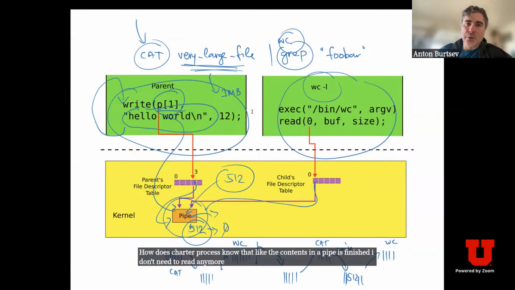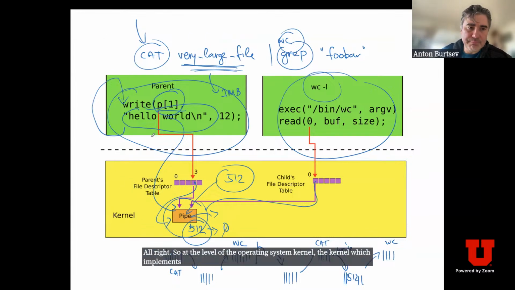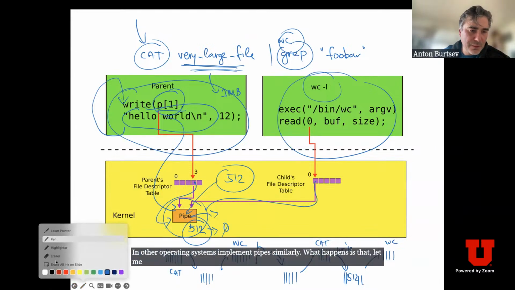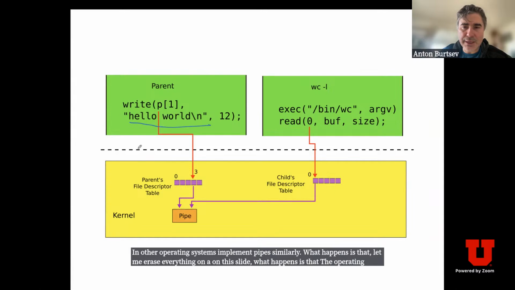All right. At the level of the operating system kernel, which implements the pipe, and I promise with 90% probability that we will read through the implementation of a pipe in x86, and other operating systems implement pipes similarly. What happens is that the operating system, when it looks at this string, doesn't care what it is.